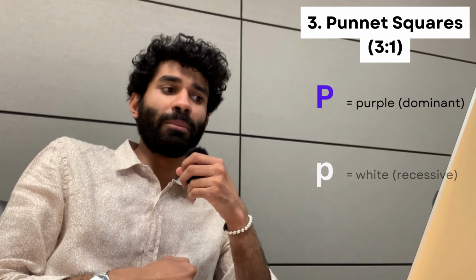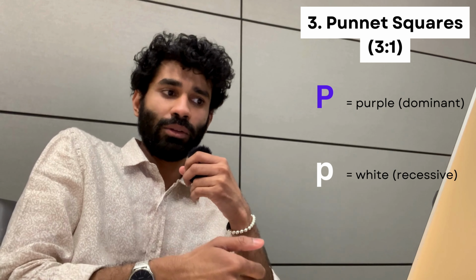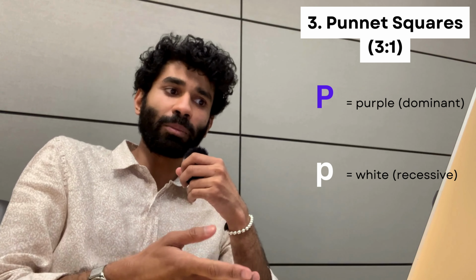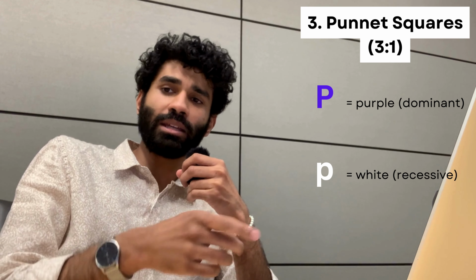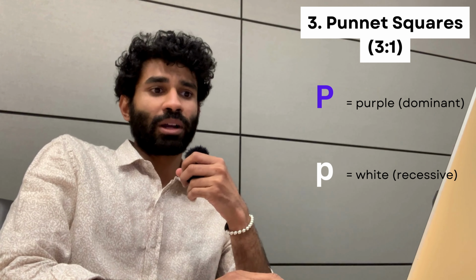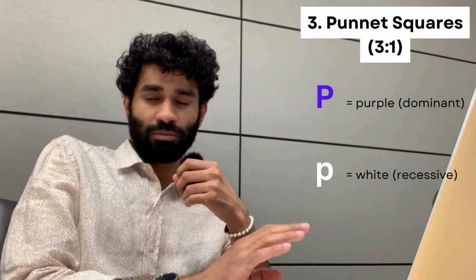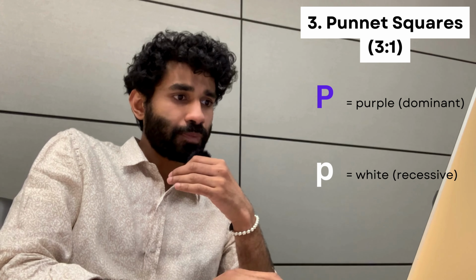A Punnett square lets you predict the allele composition of offspring when the genotype of the parents is known. So our character right now is flower color. The traits will be purple and white, and the dominant allele, capital P, encodes purple, while the recessive allele, little p, encodes white. The flower color gene, we'll assume right now, is on an autosome.